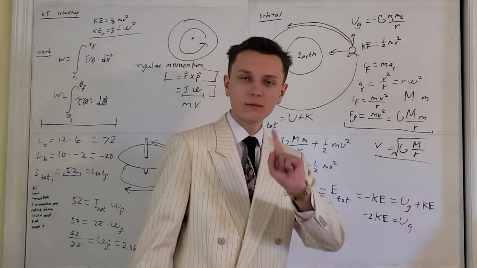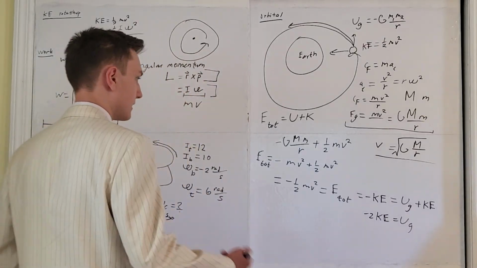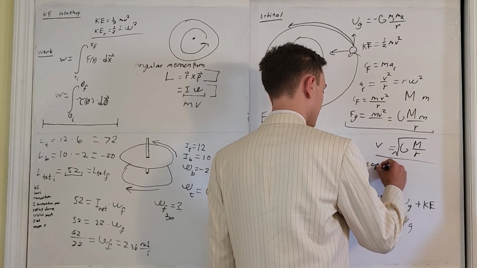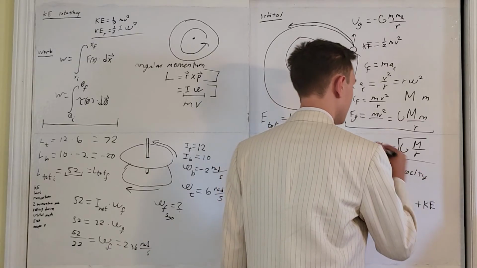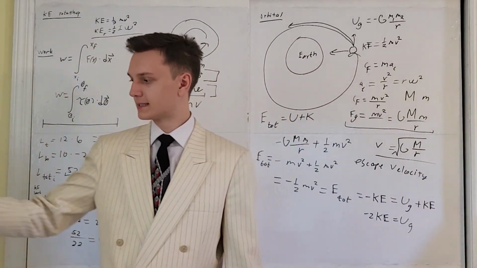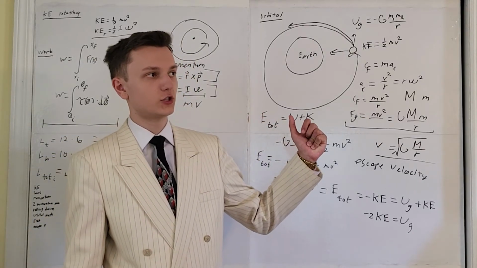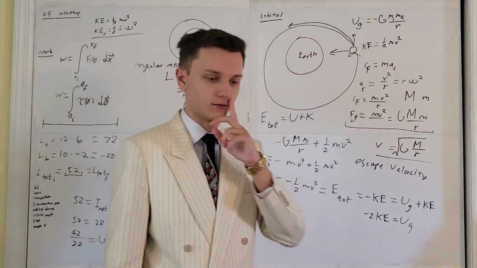All right, and one more characteristic that we need to understand here in orbital mechanics is a concept known as escape velocity. Okay, so let's particularly define what escape velocity is. Escape velocity is the total amount of energy necessary to completely escape the gravitational pull of a planet. Okay?